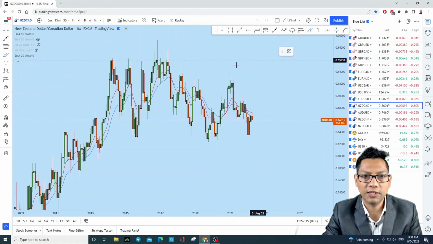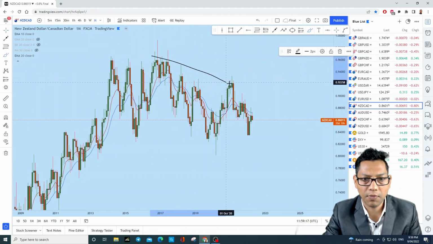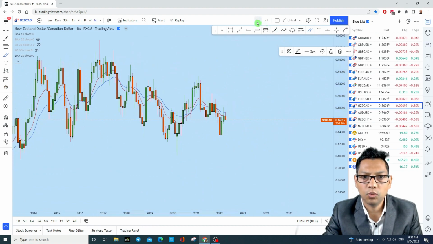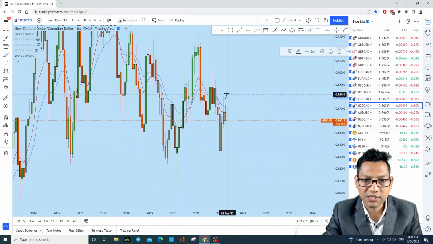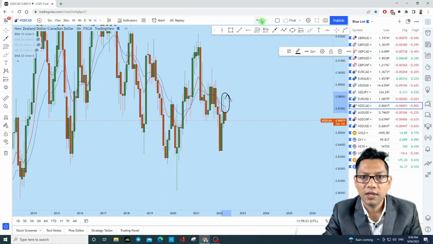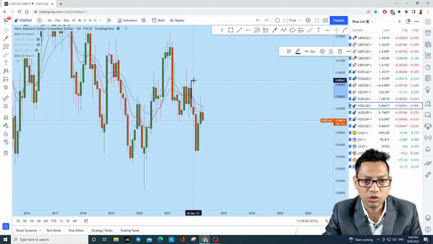You see that this is a downtrending market on the monthly, and in the previous months the price created this long wick candle. Now you see that this is a zone of sellers, and as a result we saw a rejection.